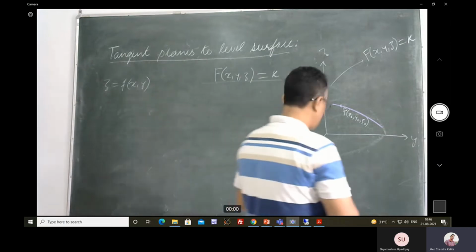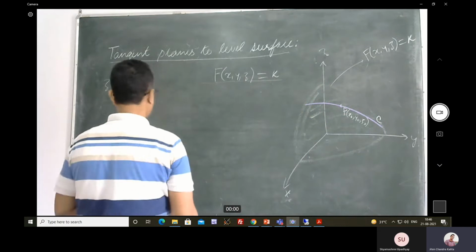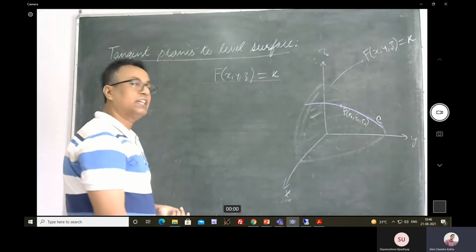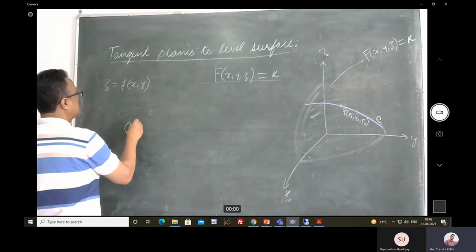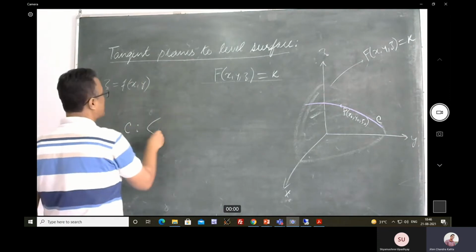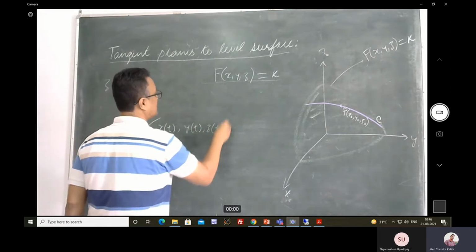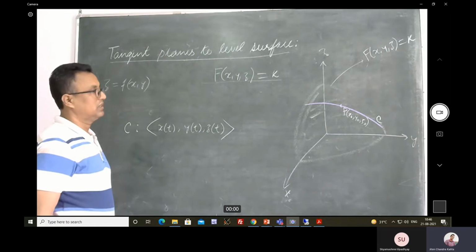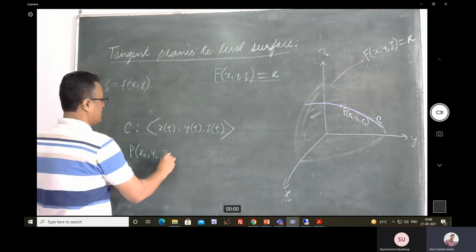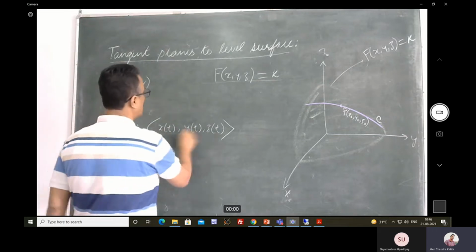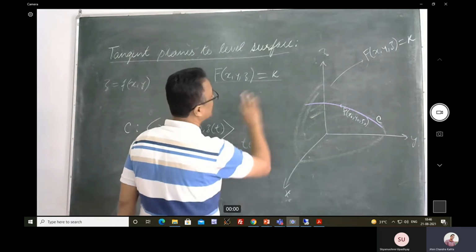Now this curve, which I am calling C, of course I can have a parametric representation of this curve. C is given by this parametric representation, for some parameter t in some interval, say a b.